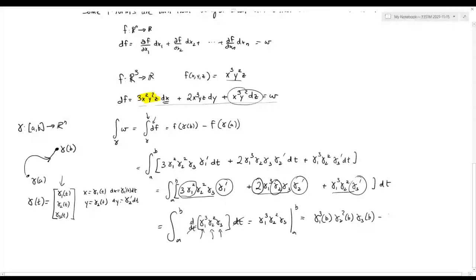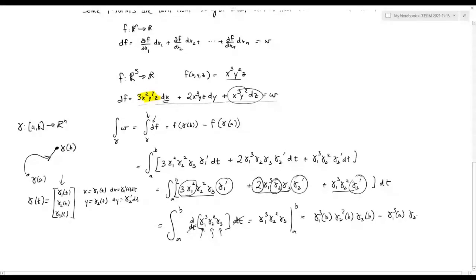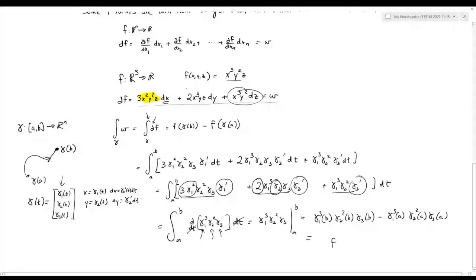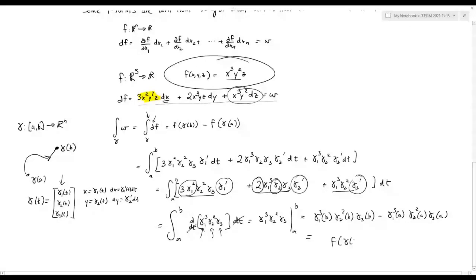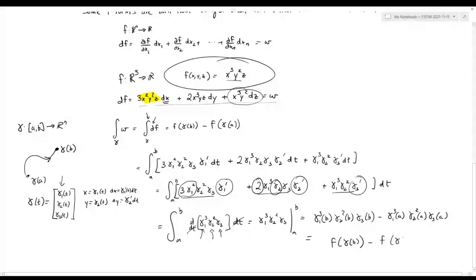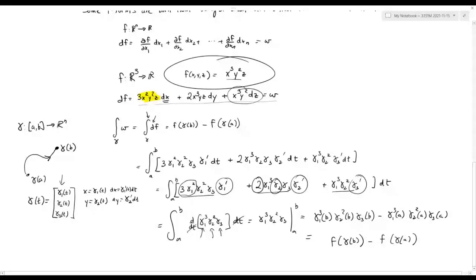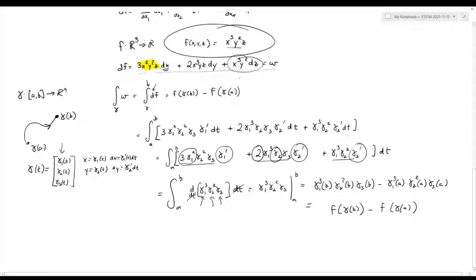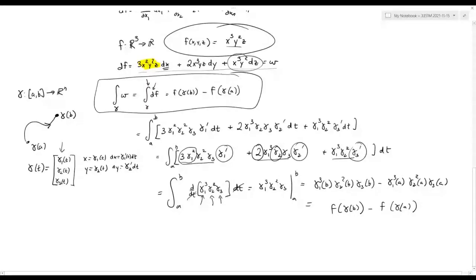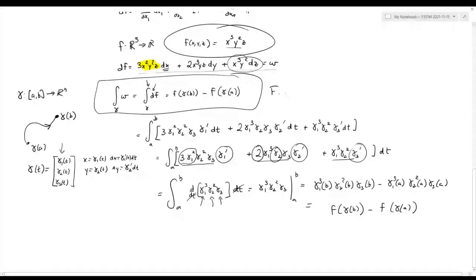The result at the lower bound. So we never want to do this again. But this is exactly your function f at the terminal point, minus f at the starting point. Okay. And this result, one of the manifestations here, is called the fundamental theorem of calculus for line integrals.